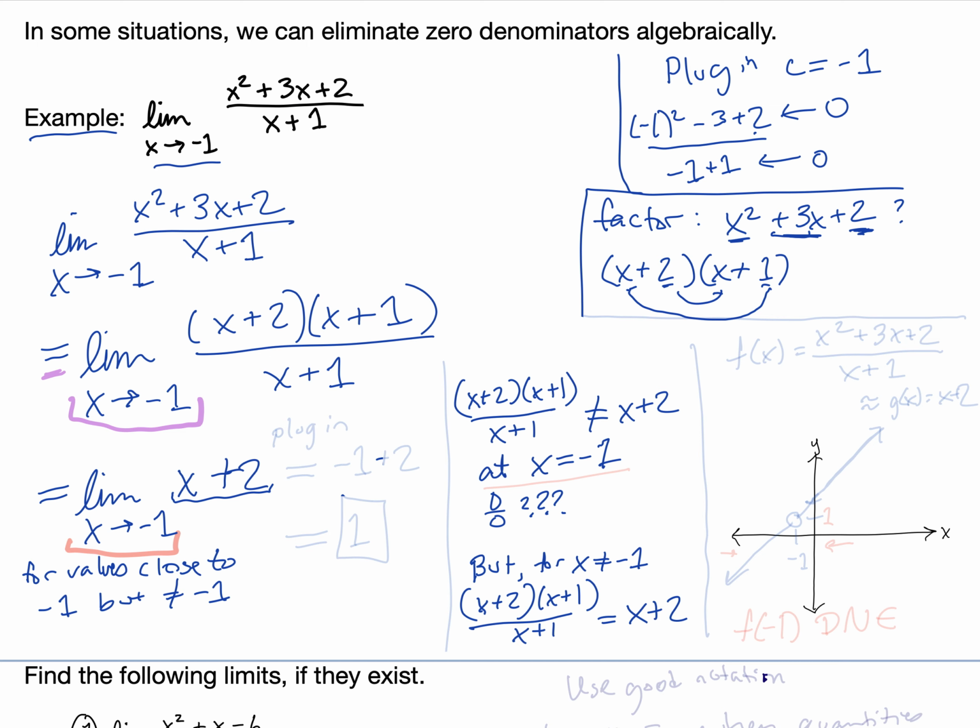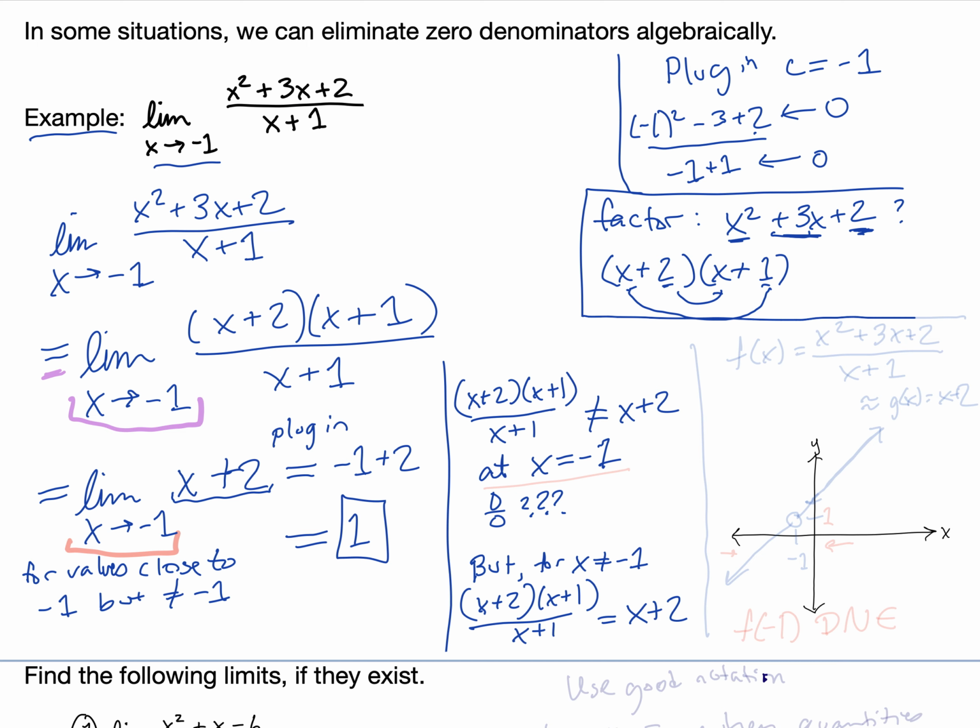And so at this point, we can just plug in our value, x equals negative 1, so negative 1 plus 2. And negative 1 plus 2, that's easy to evaluate. That is just 1. So the limit as x approaches negative 1 of this function is 1.